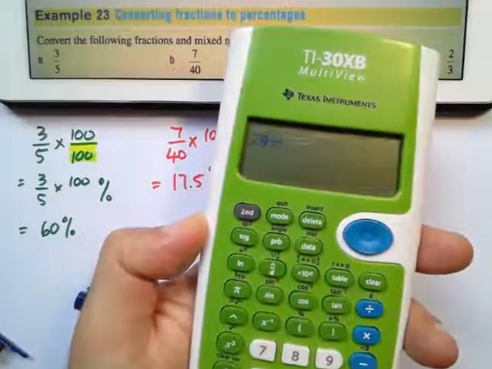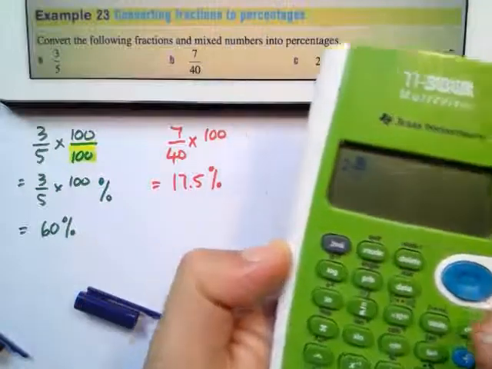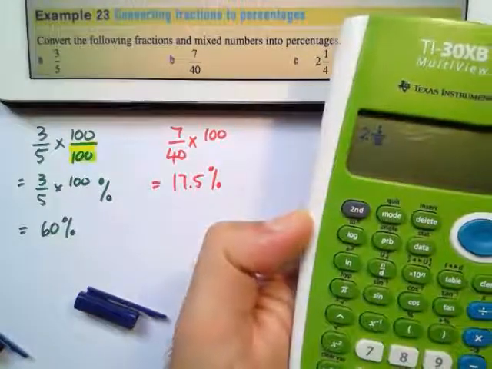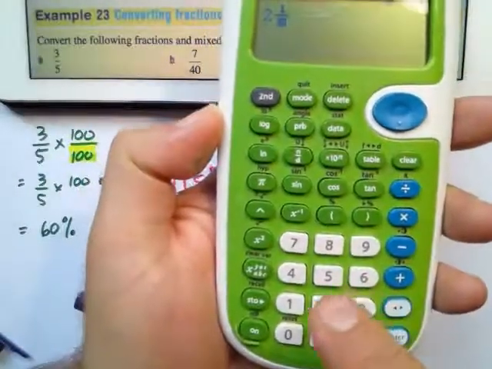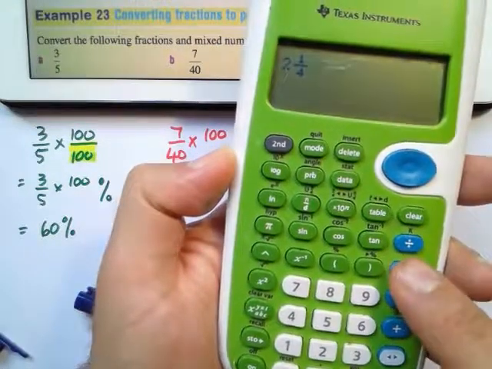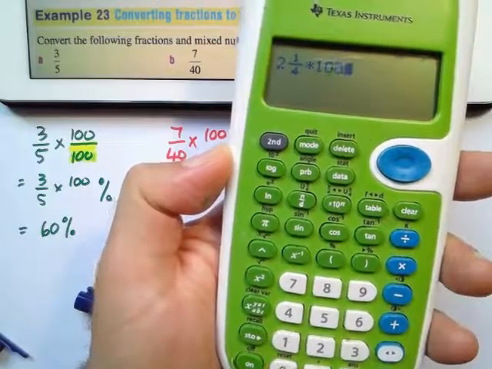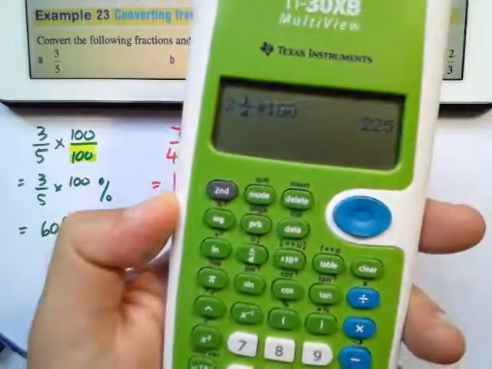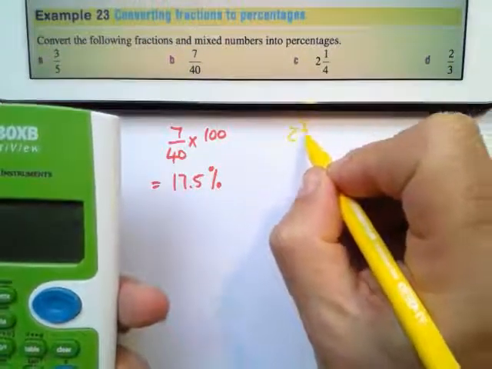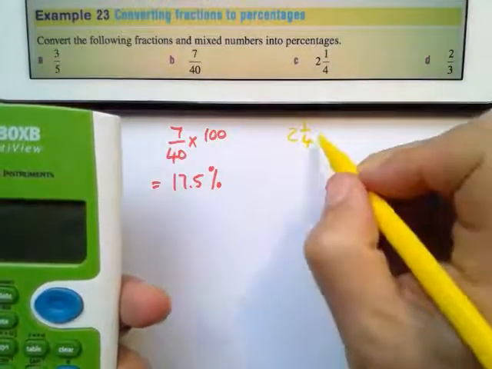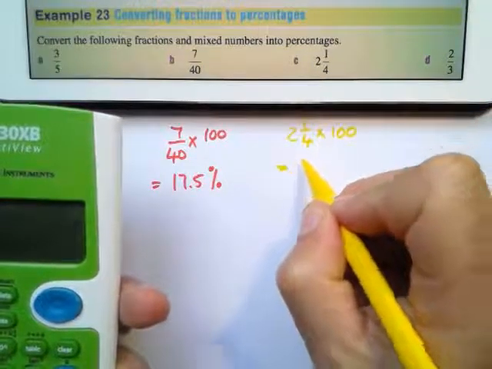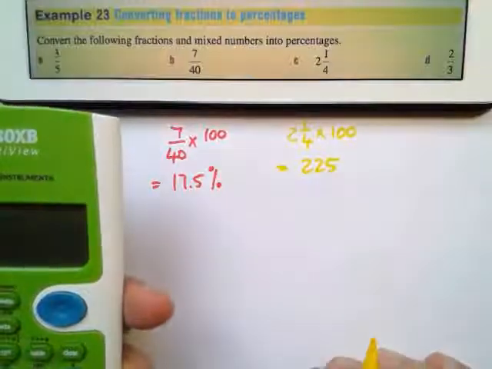So that will be 2, use your arrows, and that is 1 over 4. And that's how it looks. And I'm going to multiply that by 100. Enter, it will give me 225. So what I did is I said 2 and 1/4 times 100 equals 225.